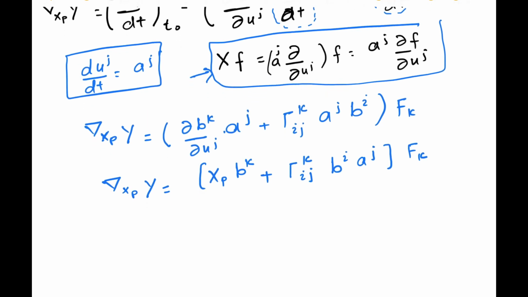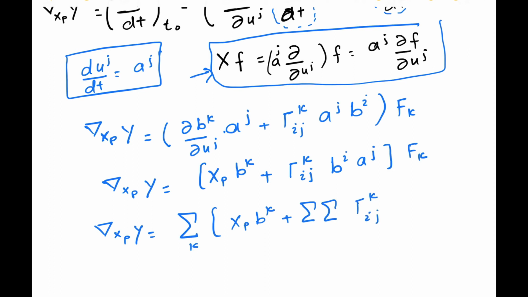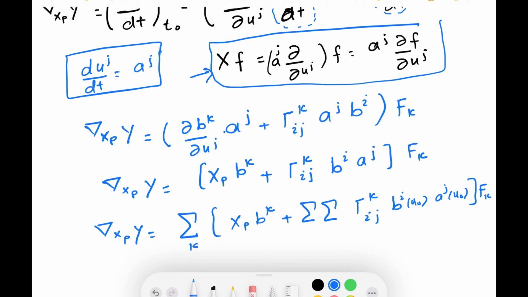So this formula can be written in this manner: del xp y equals summation k xp bk plus double summation gamma kij, and bi at point u naught, aj at point u naught, and then fk. So this is the formula that we obtain.